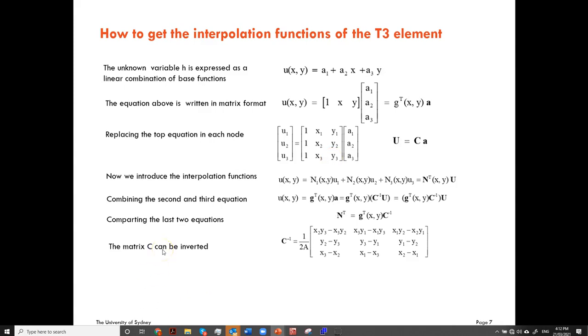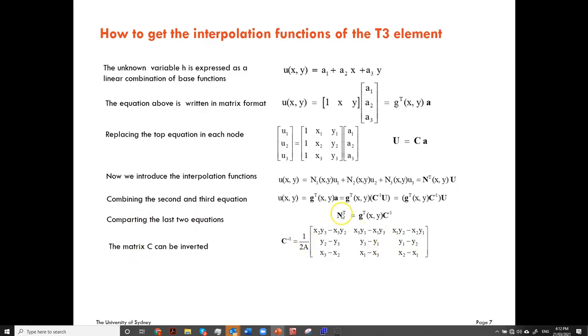You can also have the case where two nodes are too close to each other, so the matrix has a determinant that is very close to 0, and the calculation of the C matrix is going to give you numerical errors. But in general, if you have three nodes and they are relatively well spaced from each other, then you can calculate this matrix.